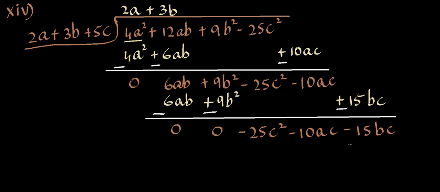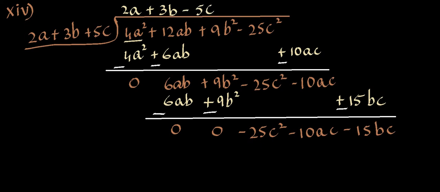Now what multiplied by 25c square will give me anything over here? If you notice, c is a common term in all these, and c can be taken as a common term over here in our quotient. So we are going to divide this by minus 5c.